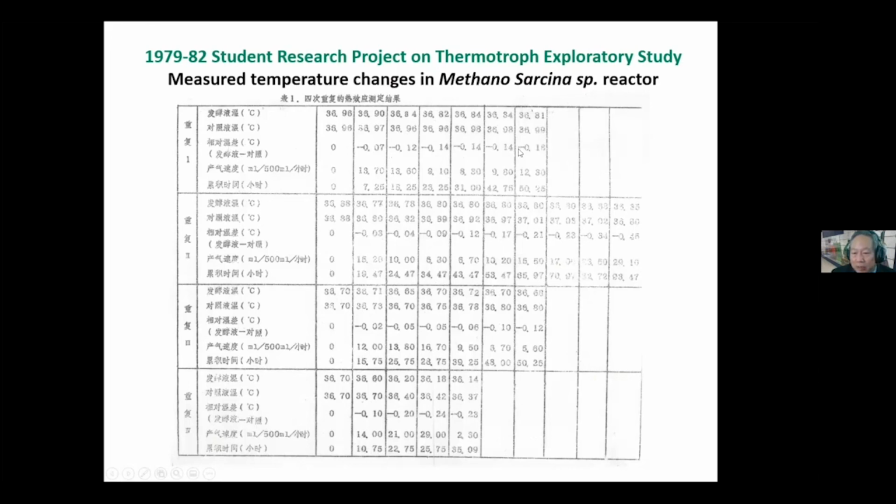The temperature in your treatment is slightly lower, 0.1 degrees centigrade lower than your control, consistently. We repeated it 4 times. So we do observe that the organism, in the total system, actually absorbs heat from the environment. Thank you, Justin.